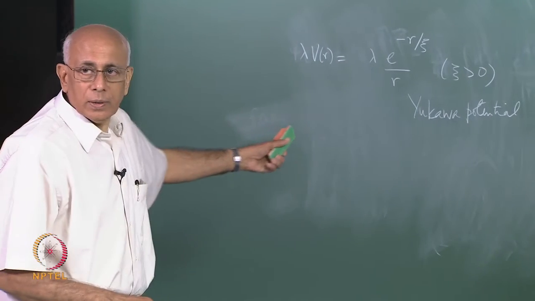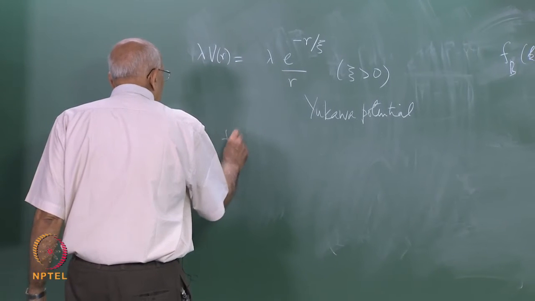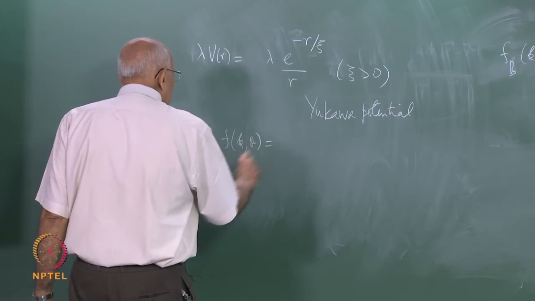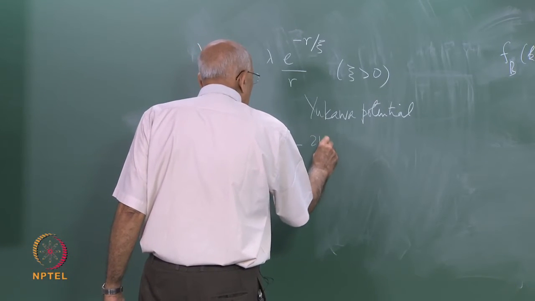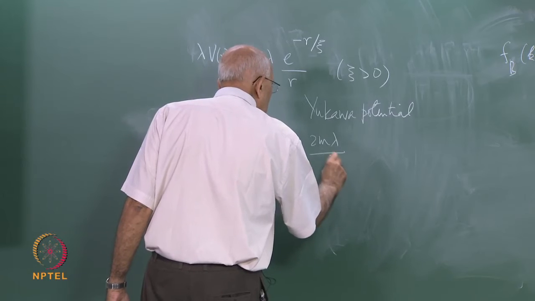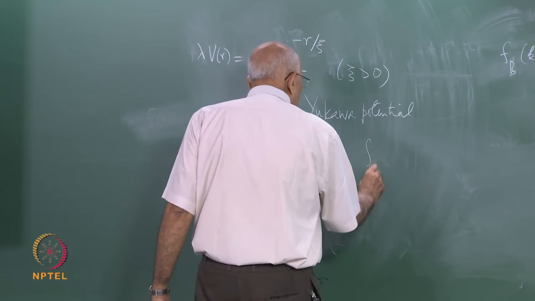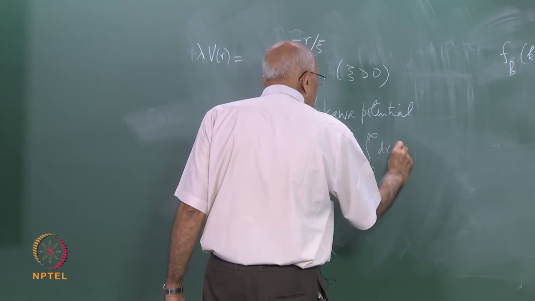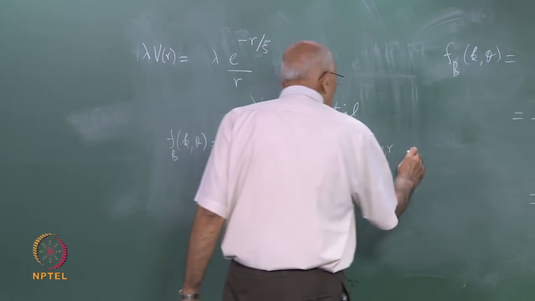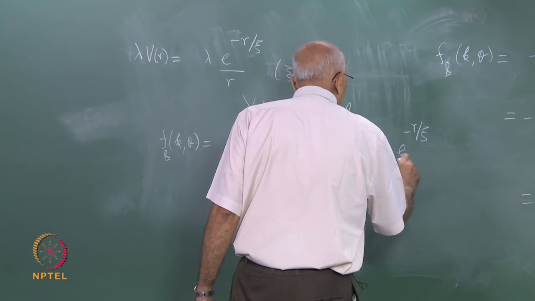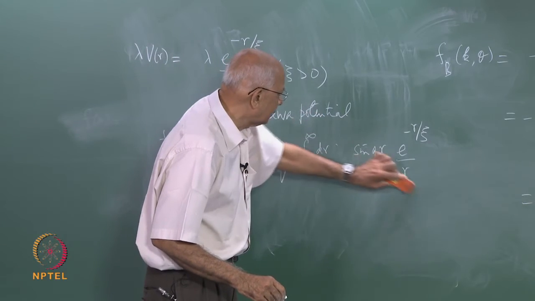So let us apply it to this potential and see what happens. f Born of q theta becomes minus 2m lambda over h cross squared q, and then an integral from 0 to infinity dr, there is an r sin q r, and then e to the minus r over xi over r, and obligingly this r cancels out.